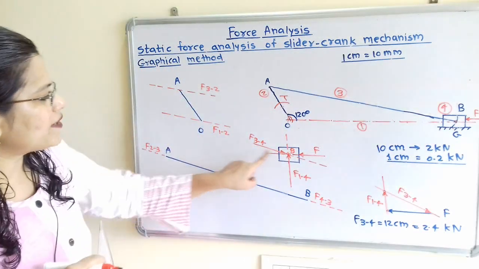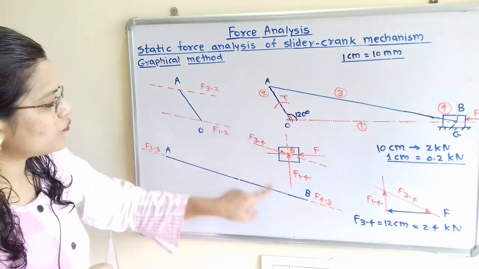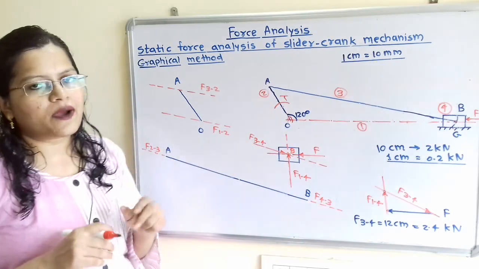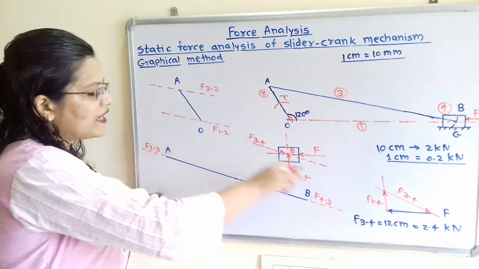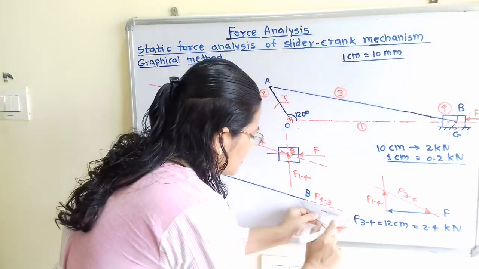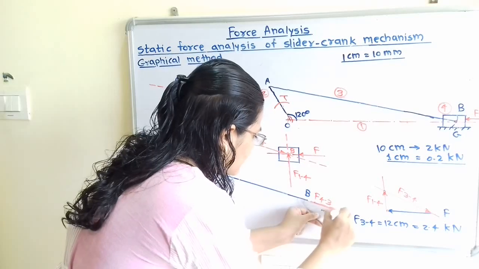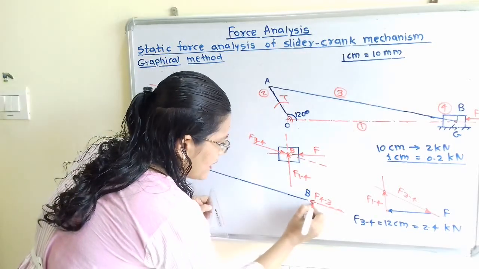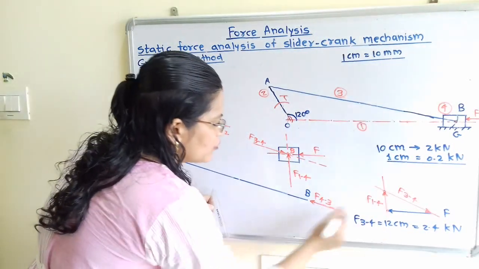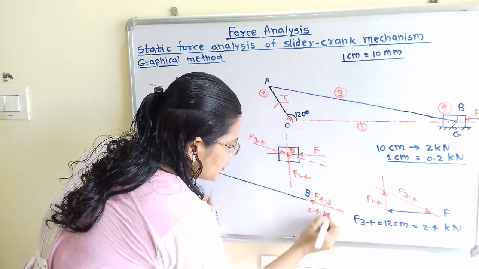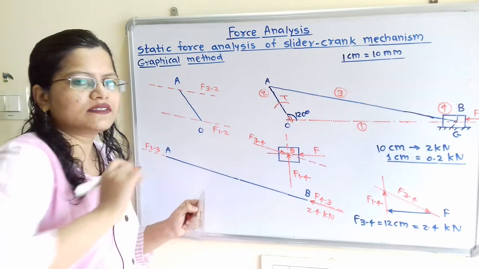Now through this point B, we know that F of 3 to 4 and F of 4 to 3 are equal in magnitude but opposite in direction. So we have to show F of 4 to 3 in the opposite side, that is towards the left hand side. And what is the magnitude? The magnitude of F of 4 to 3 is 2.4 kilonewton, because it will remain the same.